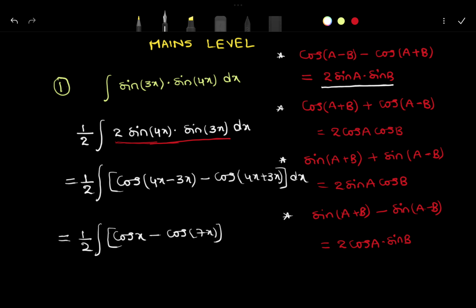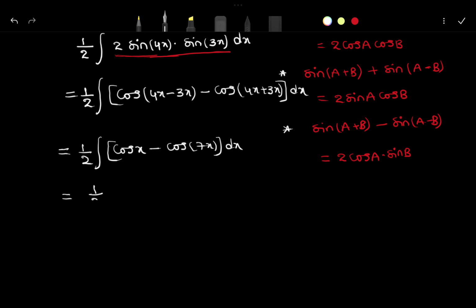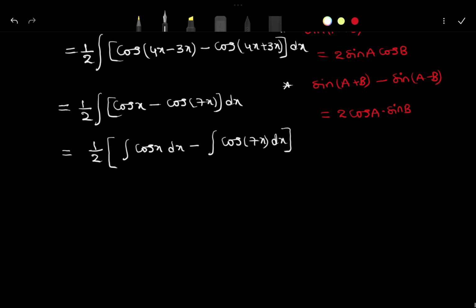So you see here, this will be 1 by 2 into the integration of cos x dx minus the integration of cos 7x dx. What is the integration of cos x? That equals sin x.